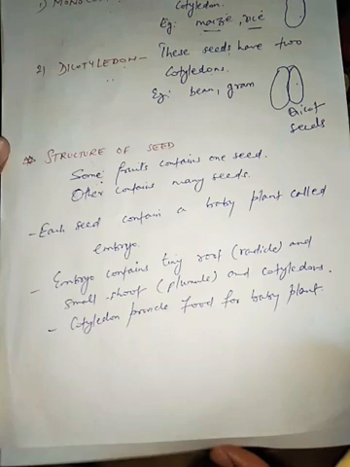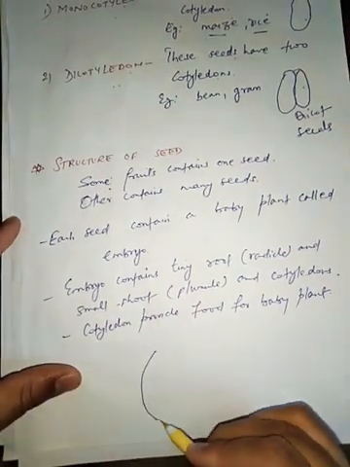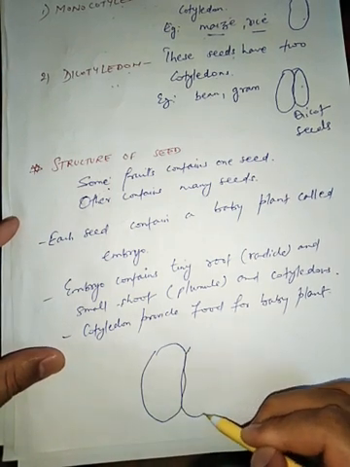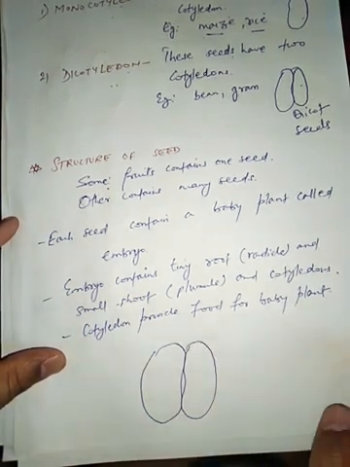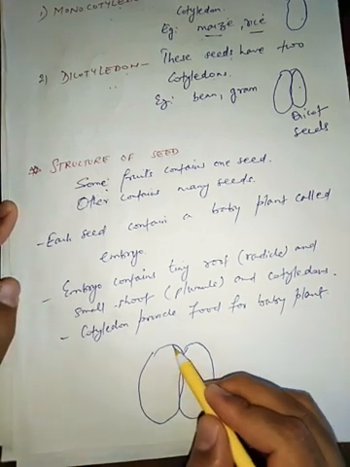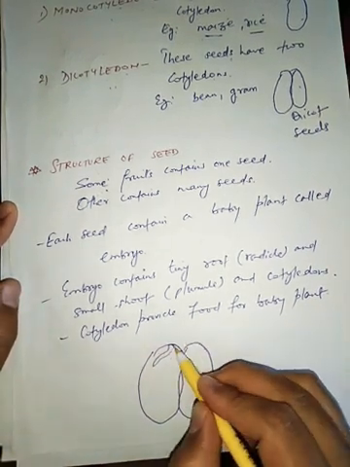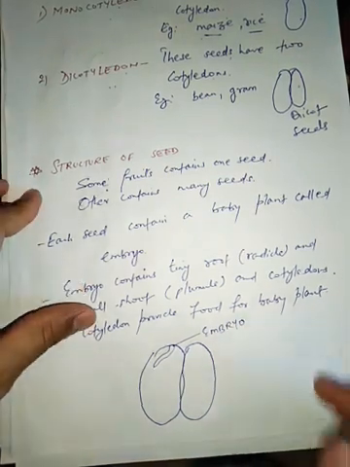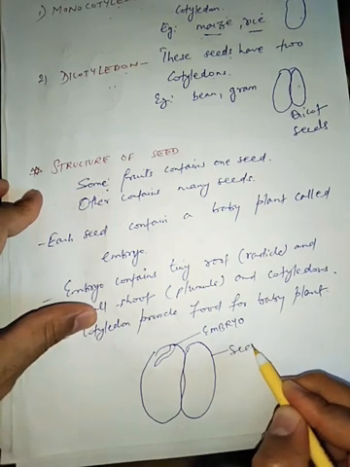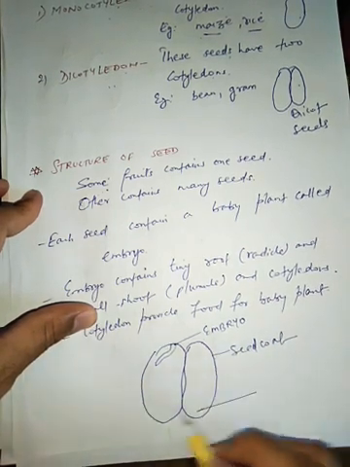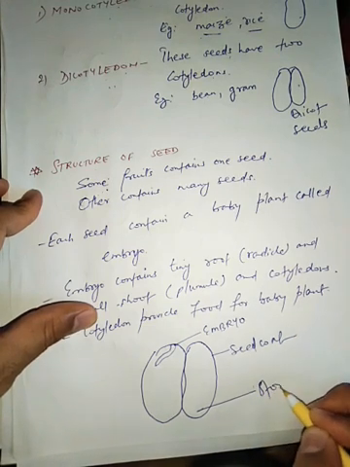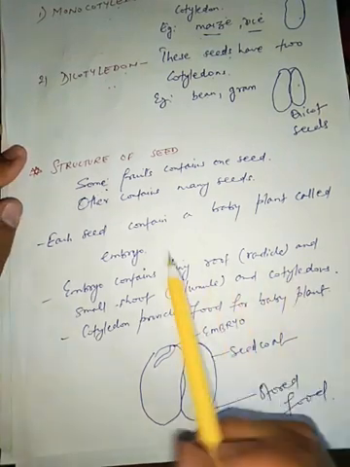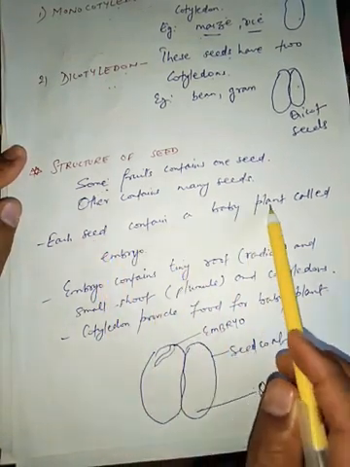See, each seed contains a baby plant inside it, which is known as embryo. This is the seed coat and this is stored food. Now see here, each seed contains a baby plant called embryo.